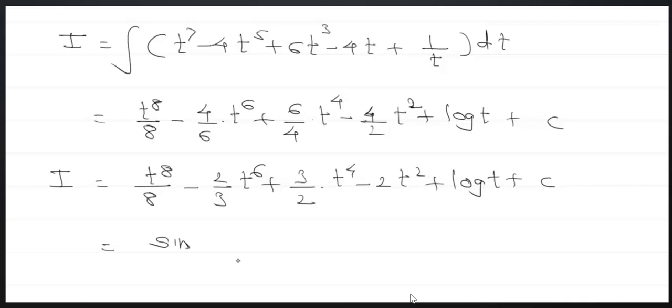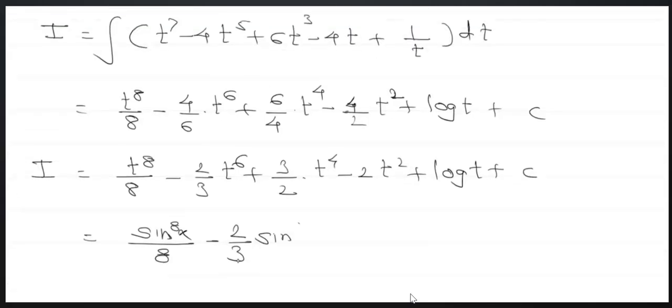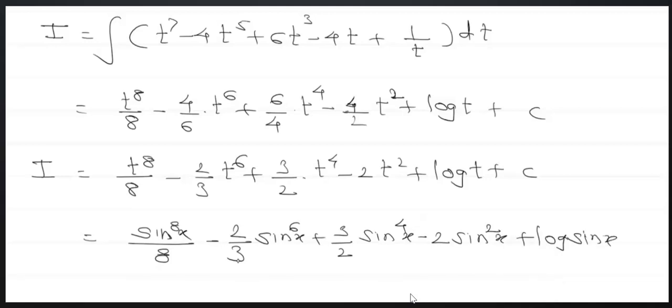That is, sin of x raised to 8 upon 8 minus 2 upon 3 sin of x raised to 6 plus 3 upon 2 sin of x raised to 4 minus 2 sin square x plus log of sin x plus c.